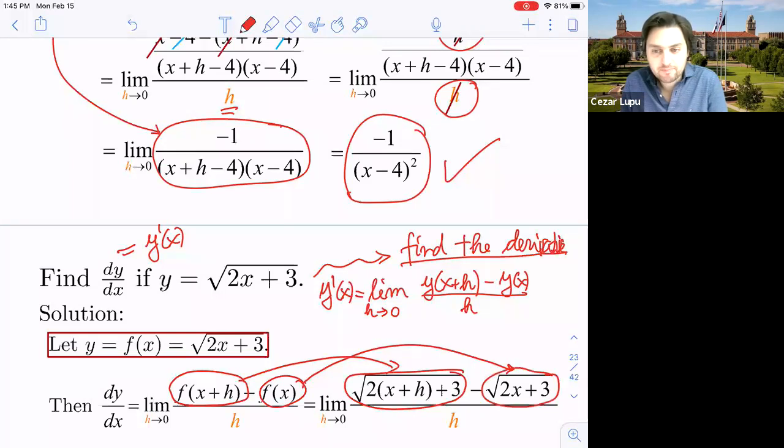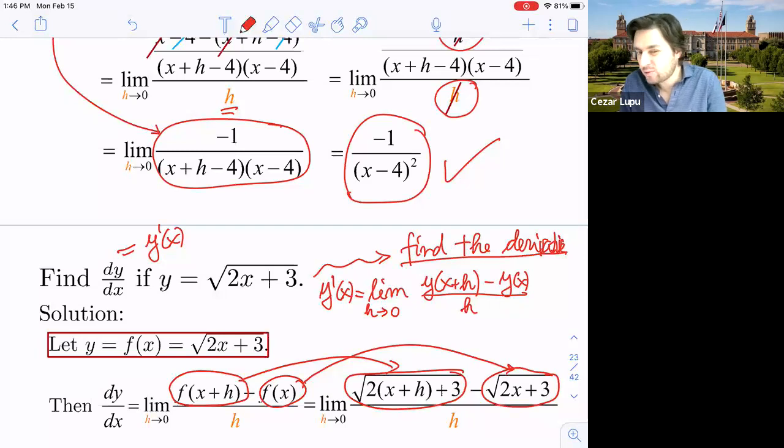Because if you take h to be 0, as h approaches 0, you'll get 0 over 0.